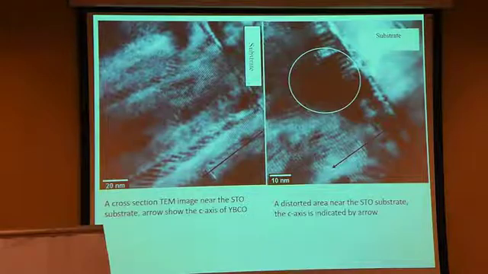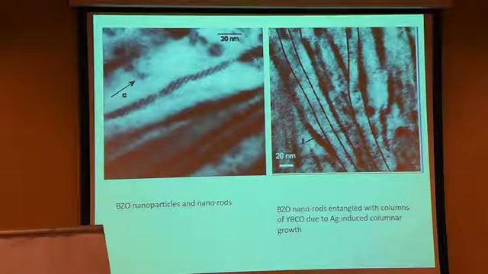Okay, substrate, you see defects there. Now, one quite important thing which happens between silver and barium zirconate. Barium zirconate will make these nanorods, which in my case are quite splayed, so they are not perfectly aligned on the C-axis. And as I said before, silver promotes a columnar growth of YBCO.